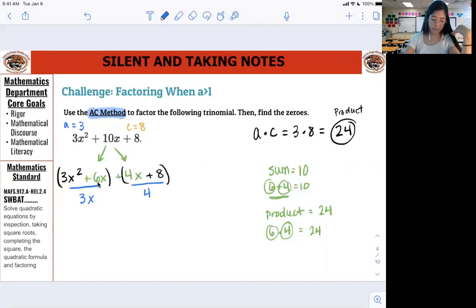Now we can divide. So where does this 3x go? Where does the 3x go? Good, I see Ajira's writing it privately. Anybody else?